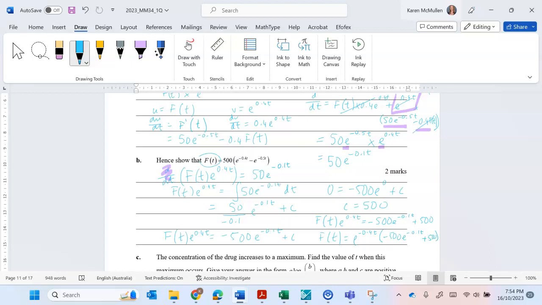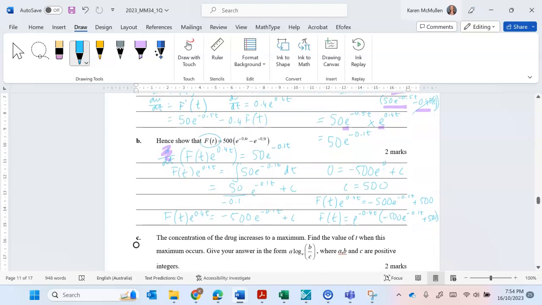So in the question you can see 500 is taken out as a common factor. This is really annoying to squish everything in. And then we're just left with e to the negative 0.4t minus e to the negative 0.1t, which is what we had to show. A bit squishy there.